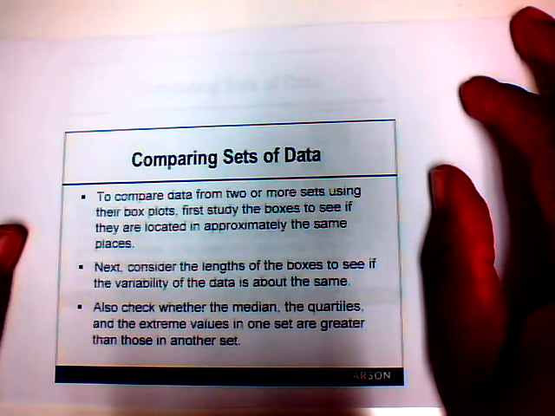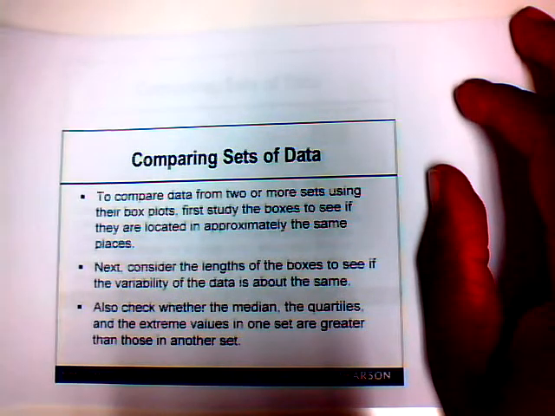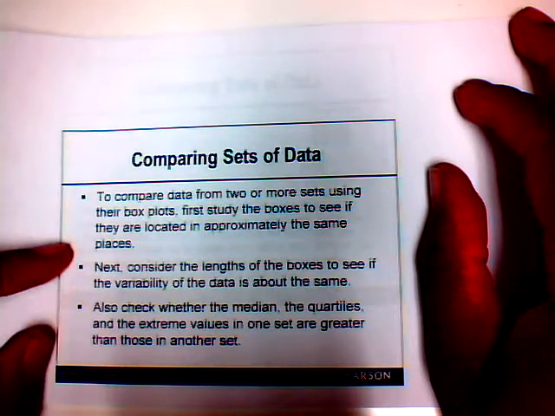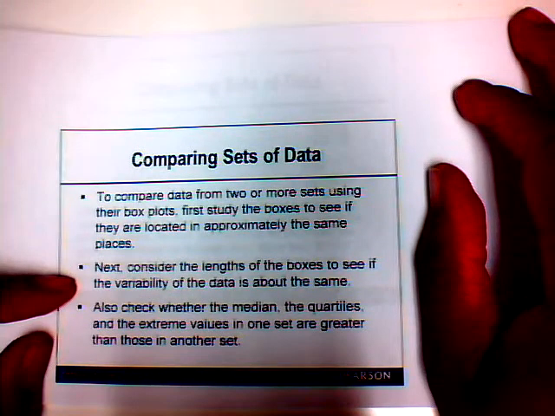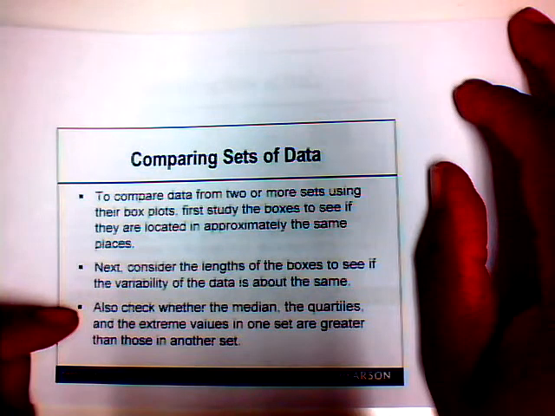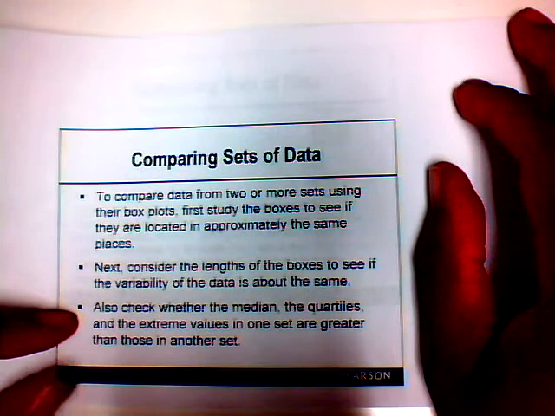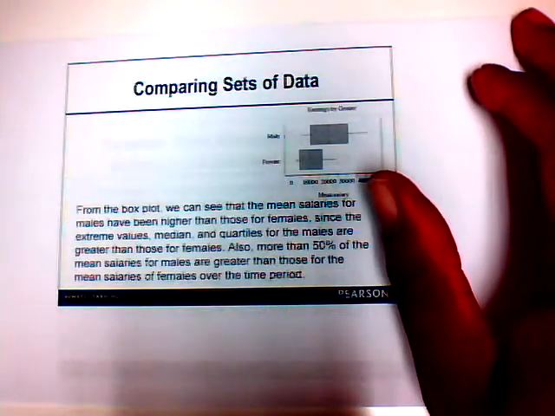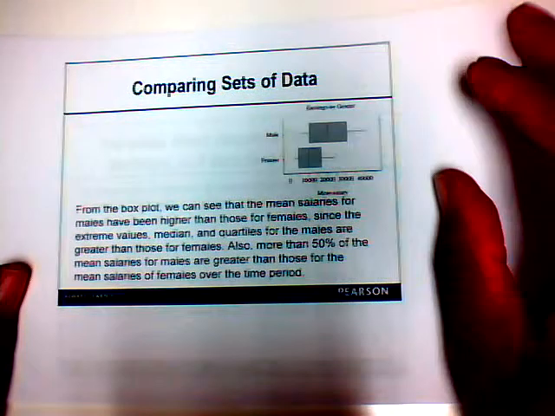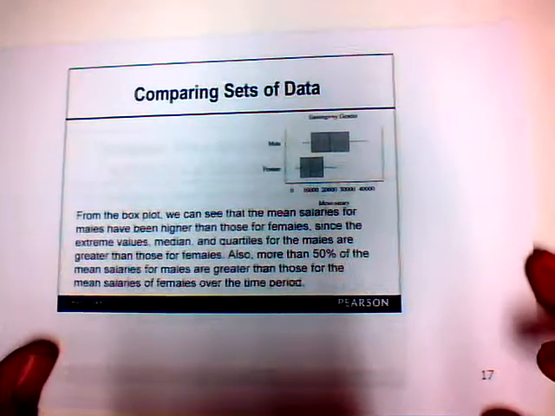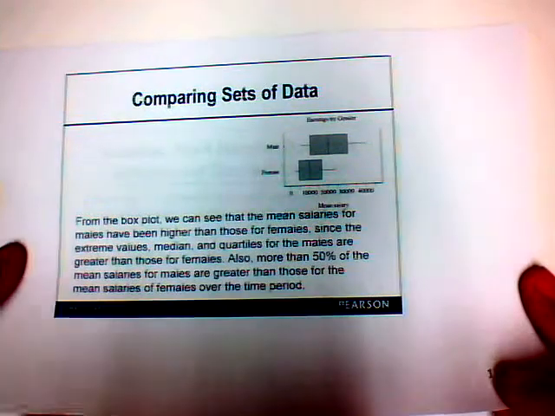To compare data from two or more sets using their box plots, first study the boxes to see if they are located in approximately the same places. Next, consider the lengths of the boxes to see if the variability of the data is about the same, and also check whether the median, the quartiles, and the extreme values in one set are greater than those in another set. Okay, so here from the box plot, we can see that the mean salaries for males have been higher than those for females.